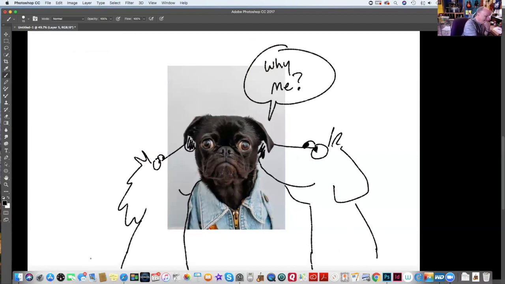Okay, I think that's about what I've got. When all else fails, make background grass.